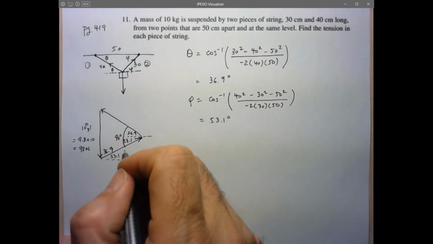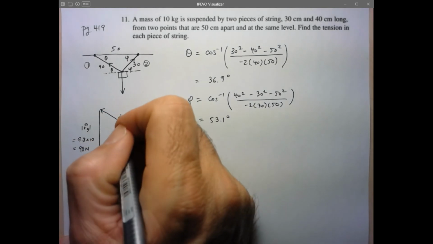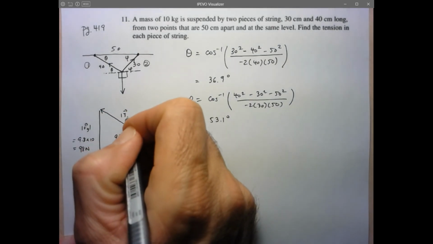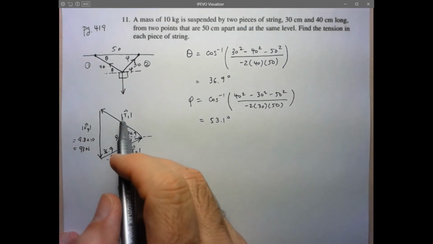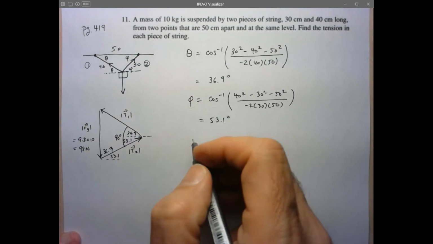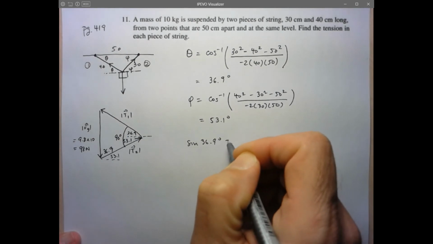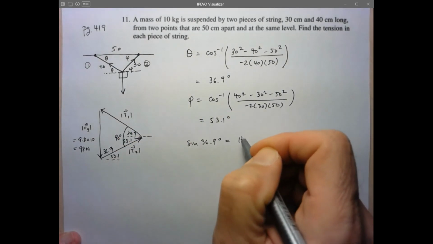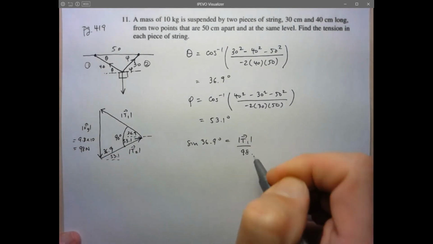Okay, so let's call this, since it was the second string, the magnitude of T2, and this length here will be the magnitude of T1. All right, so if I want to find T1, here's my 90 degree angle, there's my hypotenuse, so I'm going to use sine, so I have sine of 36.9 degrees is equal to the opposite, magnitude of T1 over hypotenuse, 98.